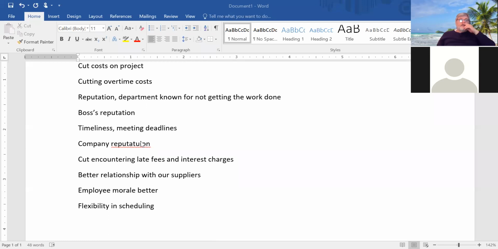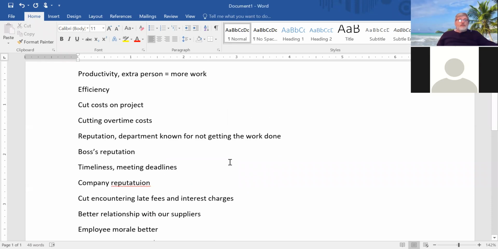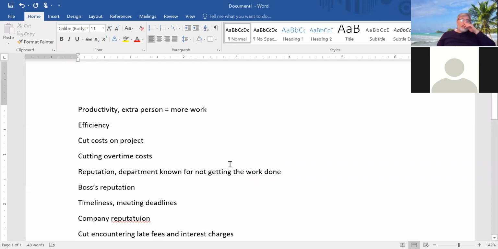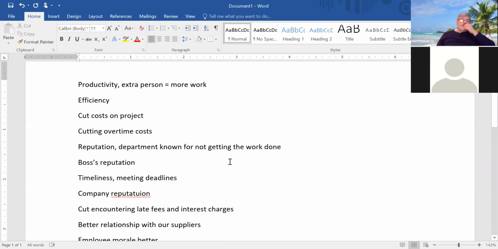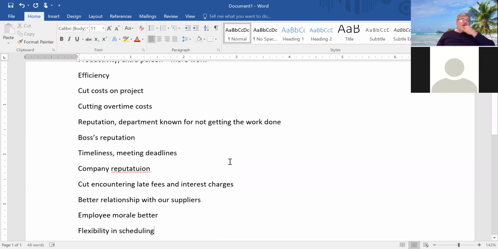Misspelled reputation. All right, so we have a few things here. Productivity, extra person equals more work. We'll have more efficiency. We'll cut costs on projects, cutting overtime costs. Reputation, the department is known for not getting the work done. The boss's reputation, because he's in charge of the department, is not getting the work done. Timeliness, we'll start meeting deadlines. We'll improve the company's reputation.